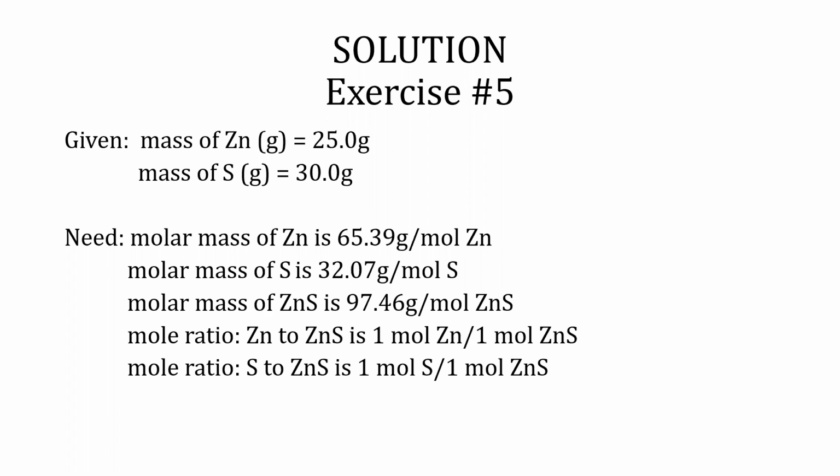One also needs the mole ratio between Zn and ZnS, which is 1 mole of Zn over 1 mole of ZnS. And for S to ZnS, it is 1 mole of S over 1 mole ZnS.